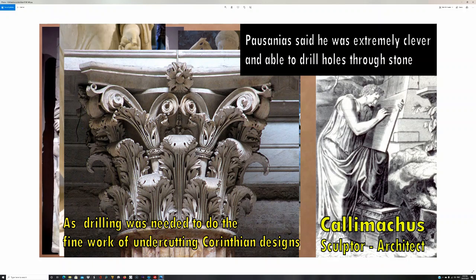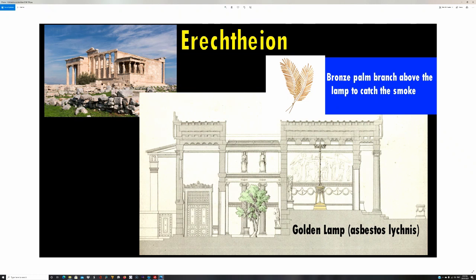But Callimachus is said to be the inventor of the Corinthian order, which we'll get to in a moment. The Erechtheion on the Acropolis in Athens is worth mentioning too, because another thing attributed to Callimachus was the golden lamp, or the asbestos lichnis, pardon the pronunciation again. Inside the Erechtheion was a statue of Athena, but in these old Greek temples you could not get light inside, you needed artificial lighting.